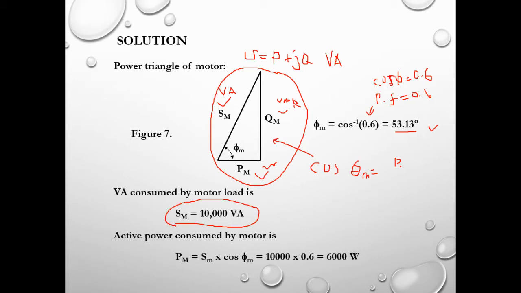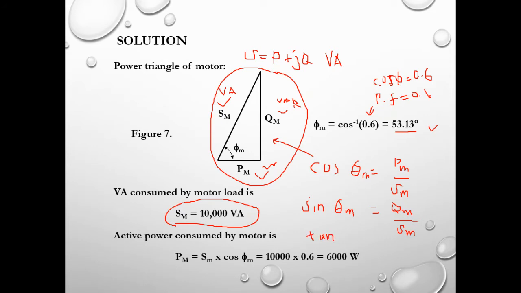What else? Sine, for example, relates QM and SM, so sine theta M is equal to QM over SM. And then the final one is tangent.